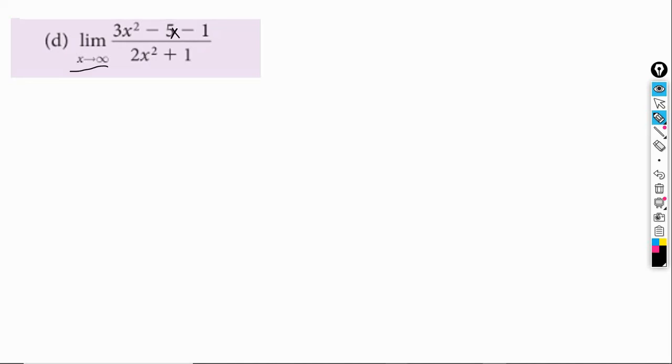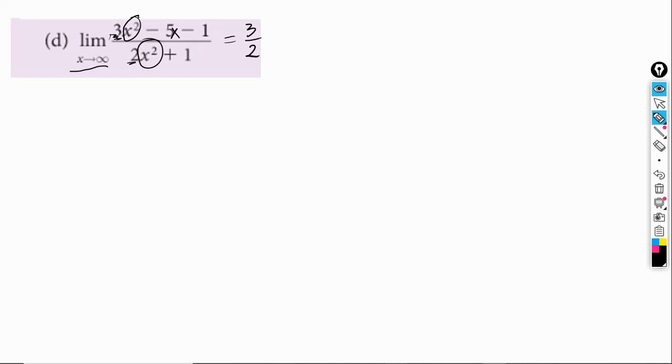And the rule was that if you had x's with the same exponent, then all you had to do was grab the coefficients of those x's that had the highest degree and were the same. So this will simply equal 3/2. Now, unfortunately, this is not how we're going to do this because they are asking us to do it algebraically.